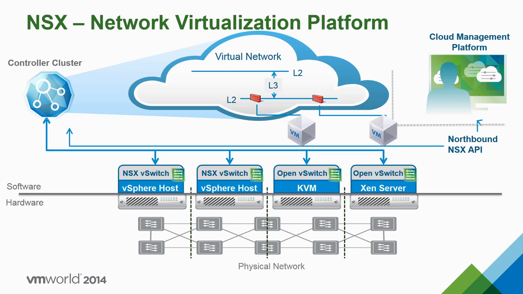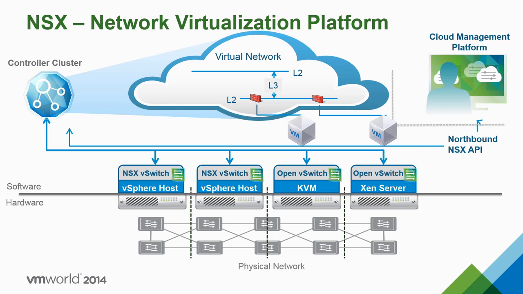So the NSX controller is a centralized point of control which receives API requests that can create, monitor, manage, and modify virtual networks. The controller then looks down at the hypervisors under its control, looks at where the virtual machines are currently located, and programs vSwitches to instantiate these virtual networks.